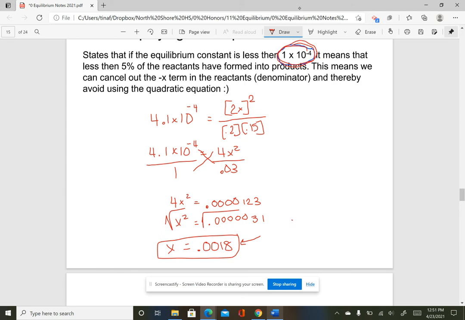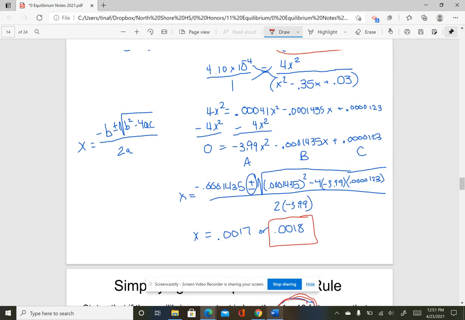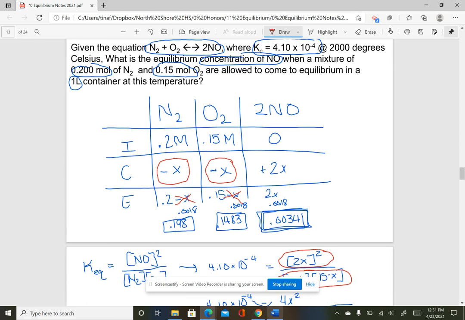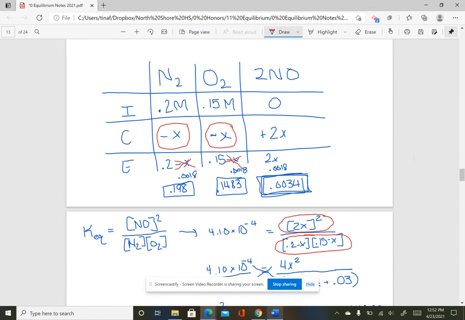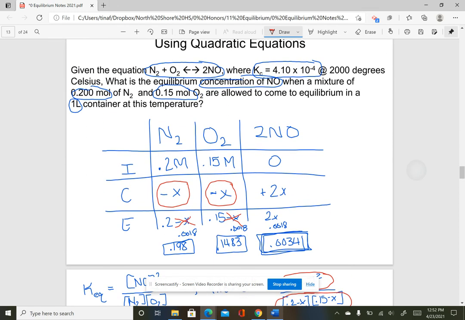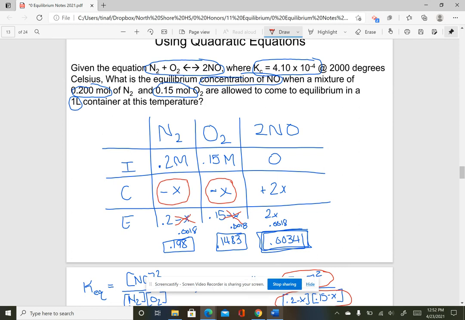So how do we find percent? I'm going to take what I got for X, 0.0018, and I'm going to go up to my original reaction. Oh, this is kind of a funny one. I'm going to take 0.2. So 0.2 was my initial concentration, right?